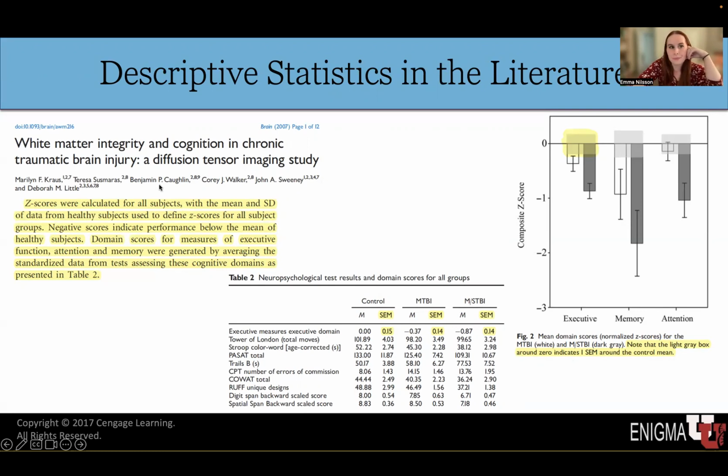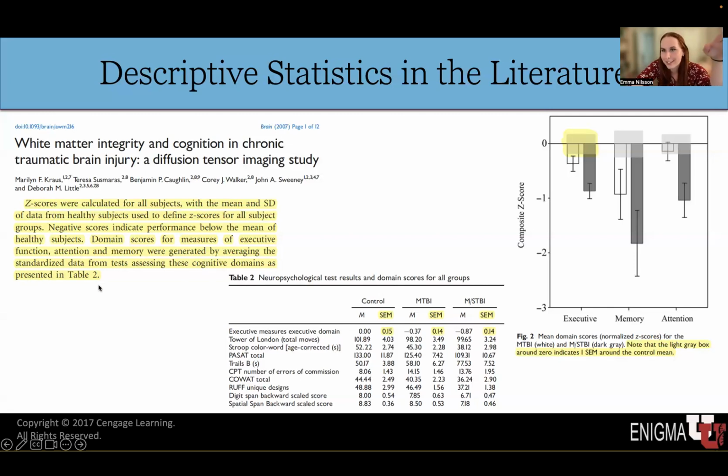I really, really like this description as well. They go through really specifically how they found each of the statistics, but they didn't say any of them specifically. They just said that domain scores for measures of executive function, attention, and memory were generated by averaging the standardized data from the test, as presented in table 2.